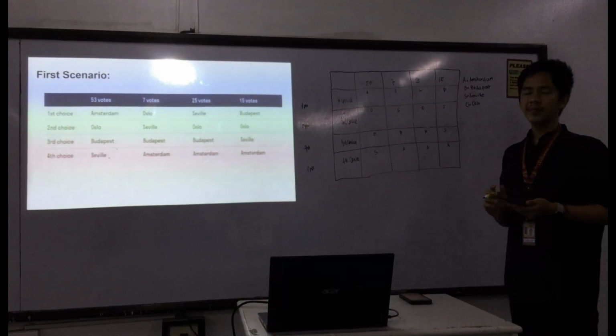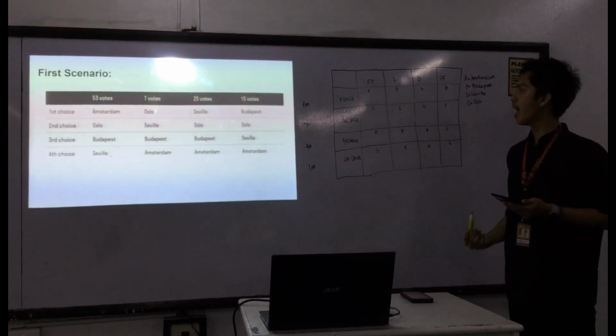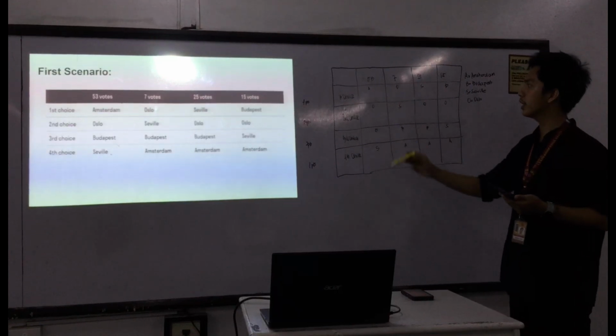The third step is we should have the product of the cell by multiplying the first choice points to the voters.